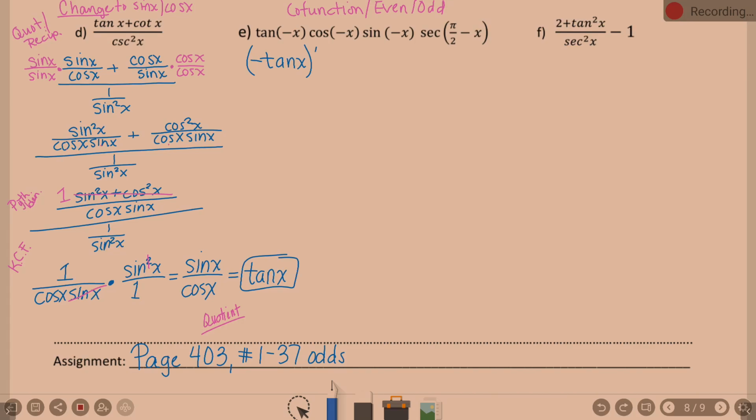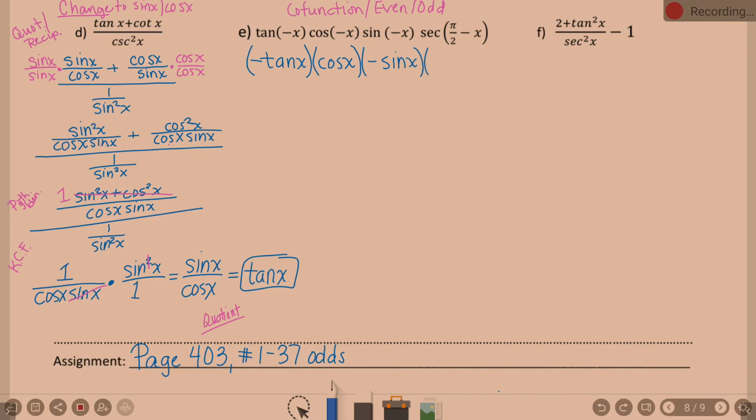According to my even odd functions, cosine of negative x becomes cosine x. According to my even odd functions, sine of negative x becomes negative sine x.